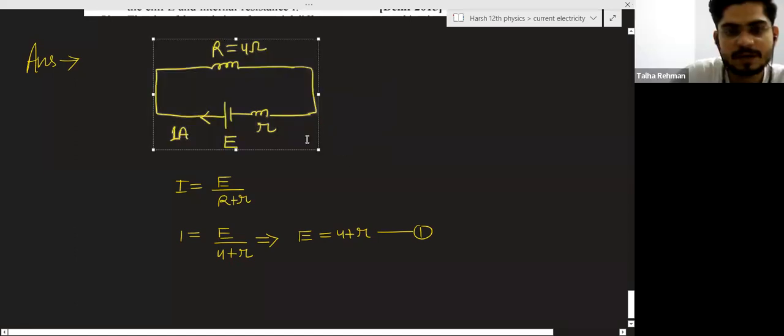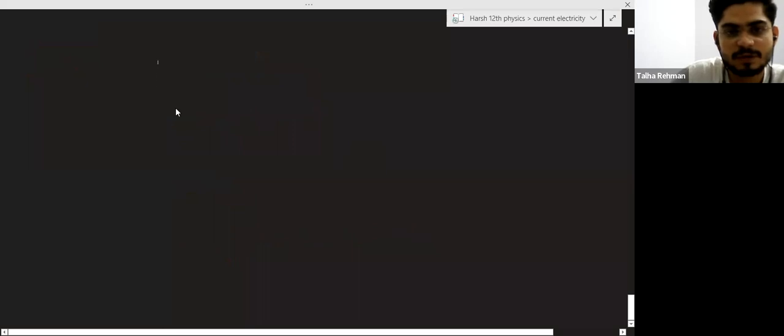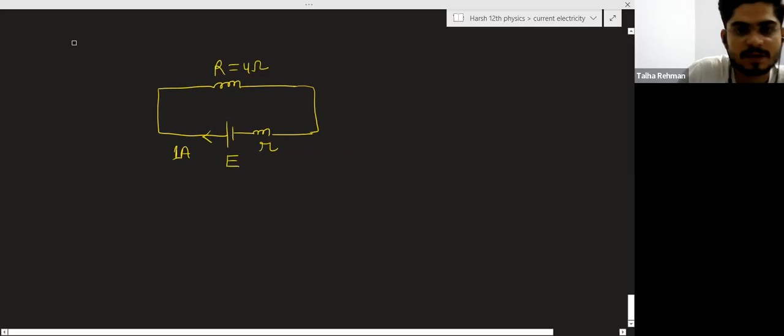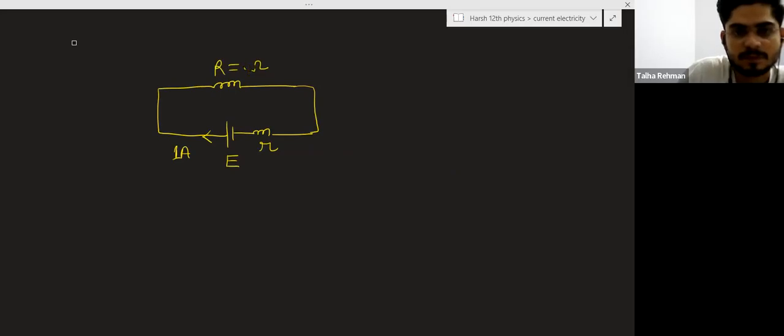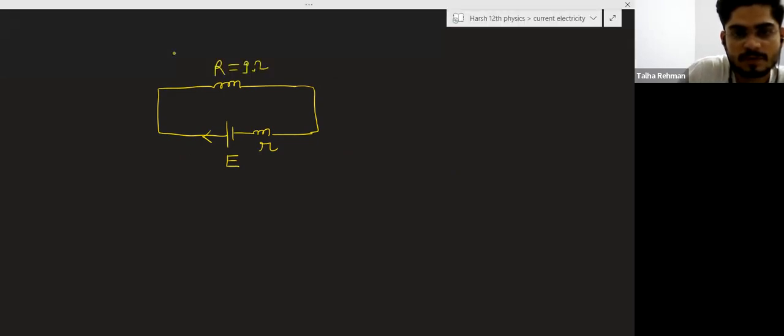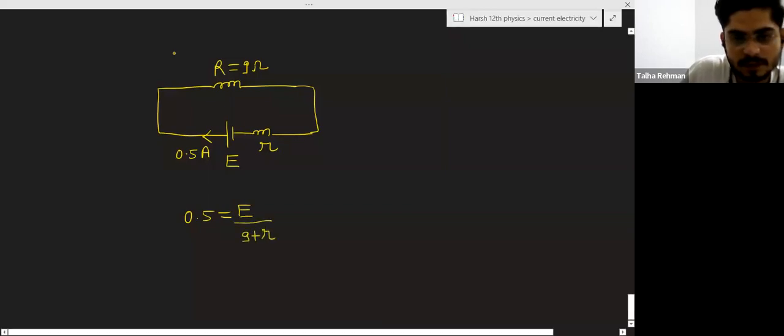Now we have connected a resistance of 9 ohm with the same cell, and this time the current is 0.5 ampere. So we can write current is equal to E divided by 9 plus r.